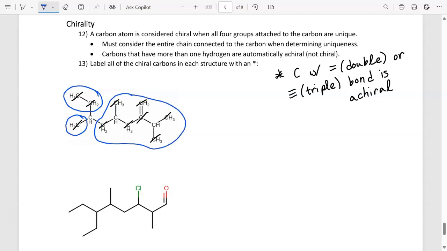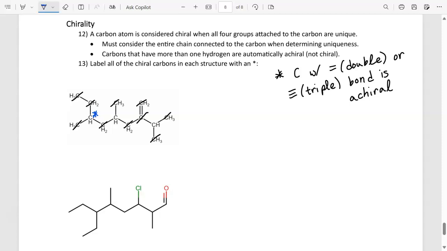Okay, so I am asking if those 3 circled things, are they all unique? Are they all different? And they are, right? The top has 2 carbons, the left has 1 carbon, and the right has a whole bunch of carbons. So those are unique, and then the 4th unique group, of course, is that hydrogen. So if we have 4 unique groups, then the carbon connected to all 4 of those groups is considered chiral.